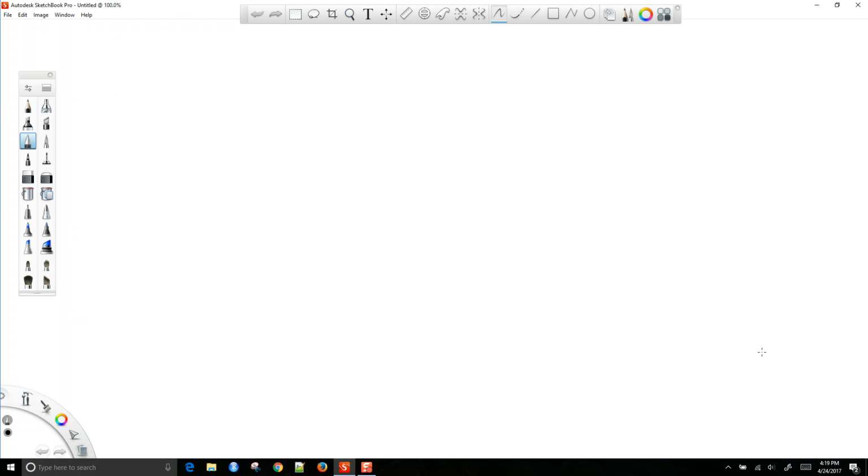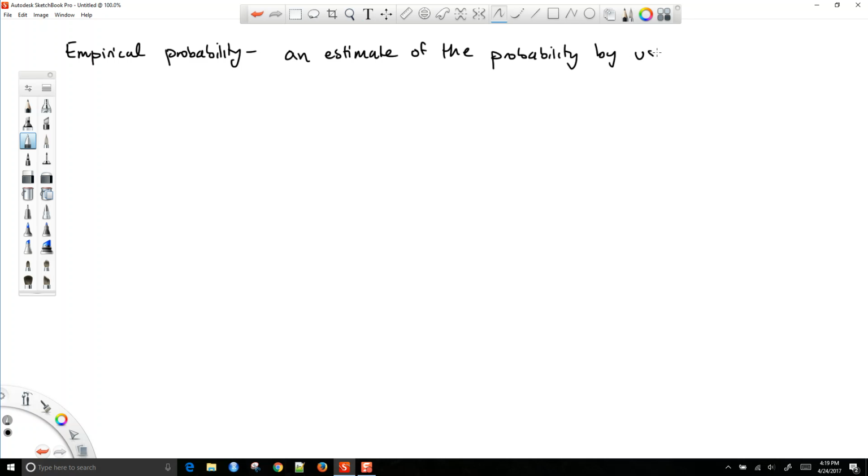The other type of probability is the empirical probability. Empirical probability, as the name might suggest, we can think of as an estimate of the probability by using evidence.